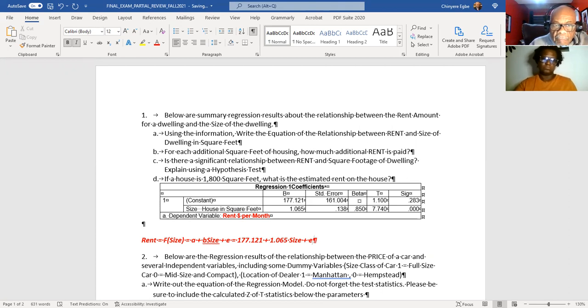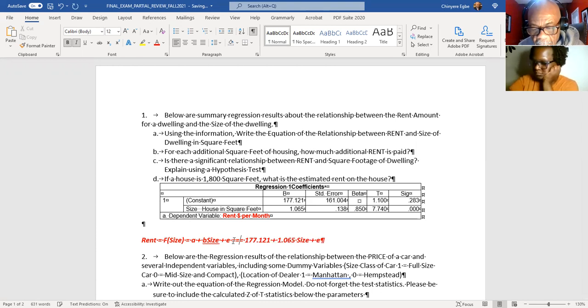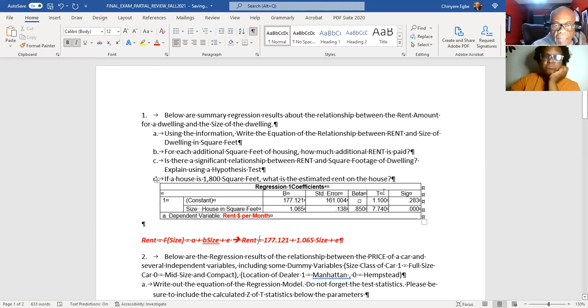Now, what does that mean? It simply means that the basic rent in a house or apartment or a dwelling begins from 177.121 if it's a dwelling that has 0 square feet.